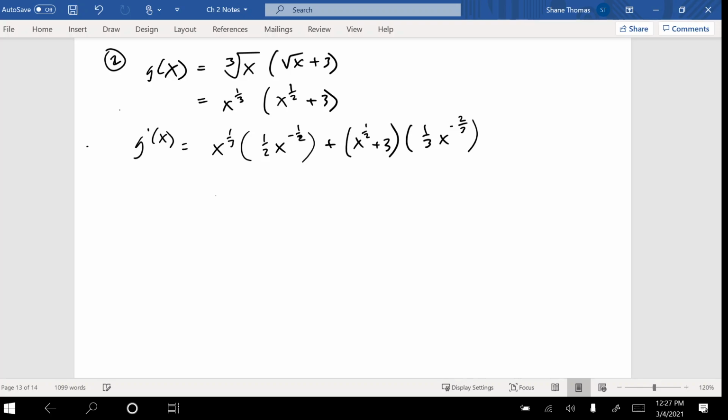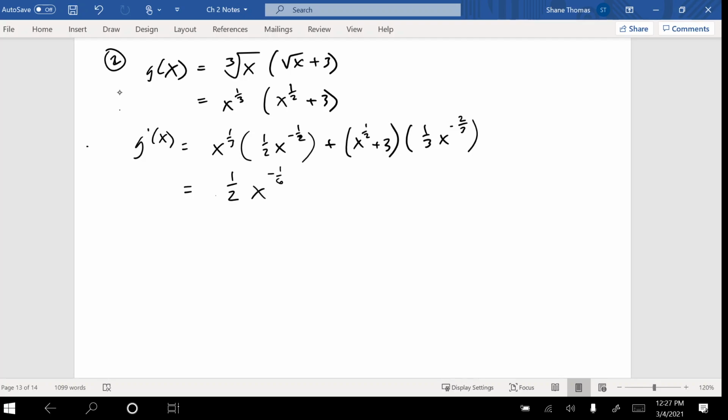The first one, when I multiply, is the same base, so I have to add the powers together. It's back to our power rule days. And the 1/2 comes along. I add 1/3 and negative 1/2, and I get negative 1/6. Find a common denominator: 2/6 minus 3/6 is negative 1/6.